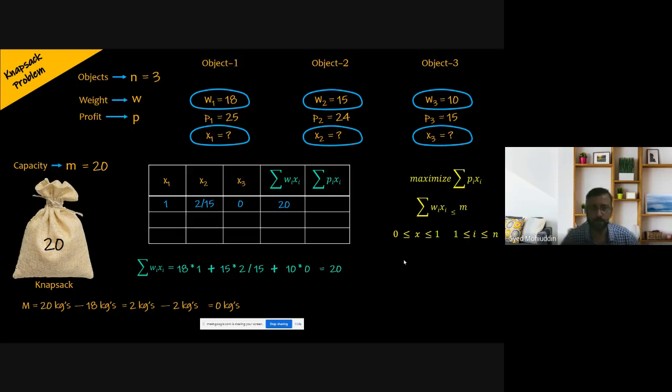If we select the objects in sequence of maximum weight, then we'll be able to fill the knapsack with it, and we may earn a larger profit.